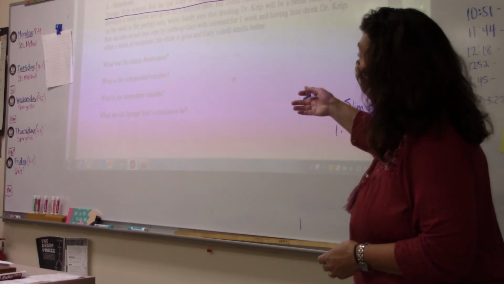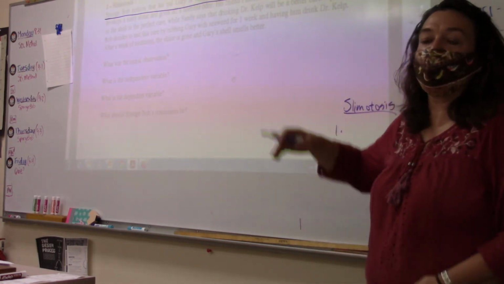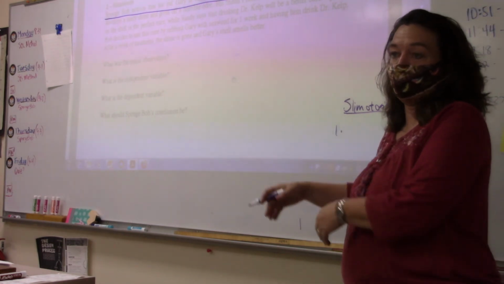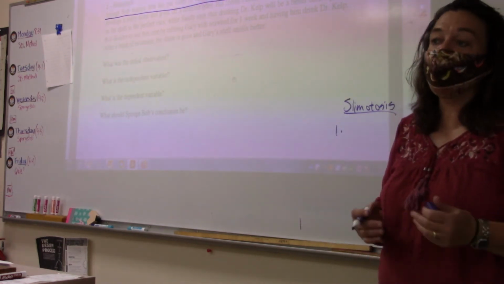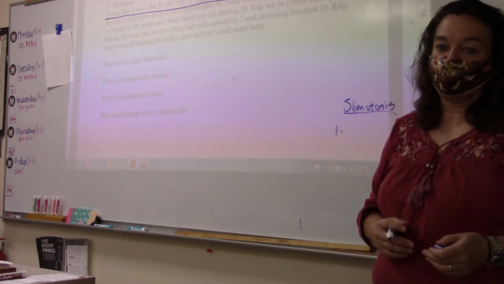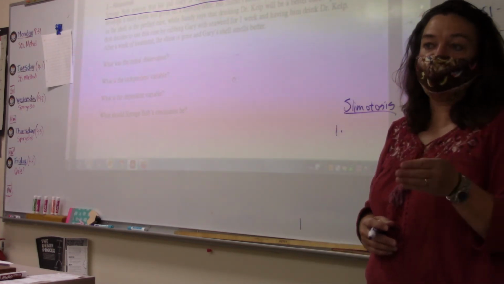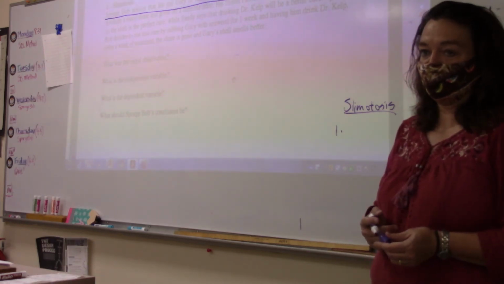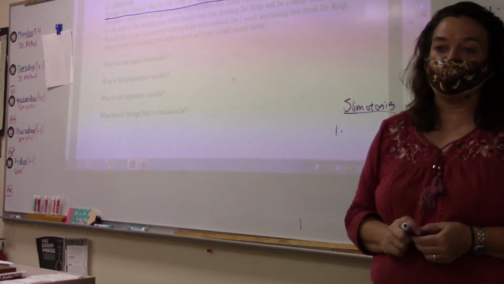So when it asks you what's the initial observation, that isn't going to say, the initial observation was blah, blah, blah. In 8th grade, you're doing inference making. So you need to recognize words that mean other things. So the word notice means to observe. So when they say, what's the initial observation, you can pick that out in the first sentence.